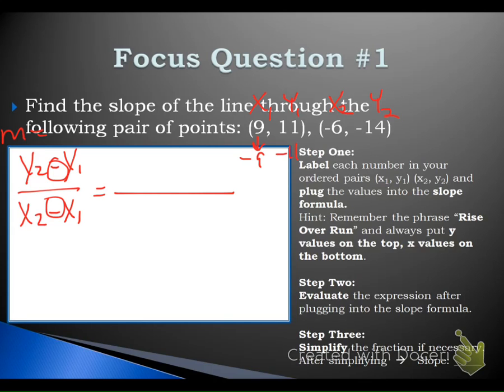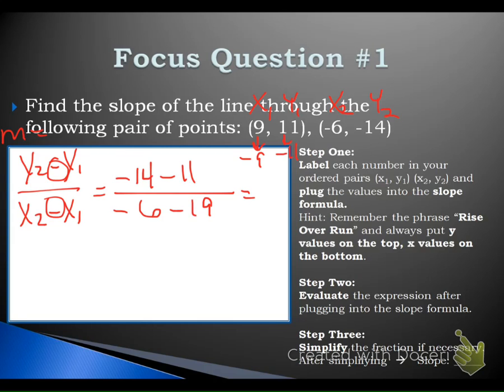So our y2 value is negative 14, just write negative 14, and then it's supposed to be minus y1. Well, just write in what we've changed it to, that negative 11, like that. And then the denominator x2 is negative 6, and write in the sign of your x1, so negative 9. This makes it a lot easier.